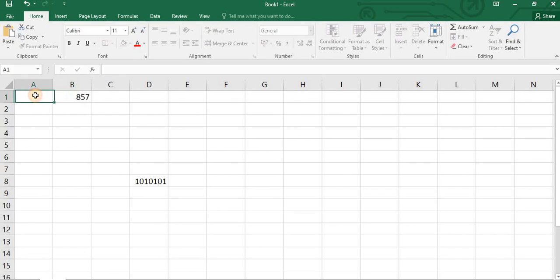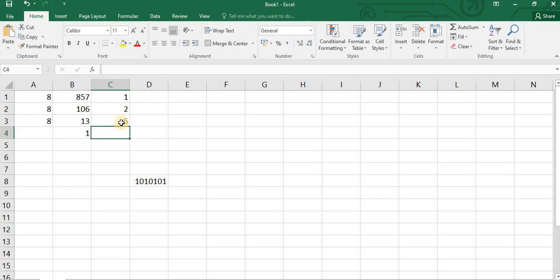If you divide it by 8, so 8 ones are 8, and you get 107 and remainder is 1, like this. Okay, if you divide 107 by 8, 8 ones are 8, and 8 thirteens are 104, you will get remainder 3. Okay, now 8 ones are 8. Okay, and remainder is 5.